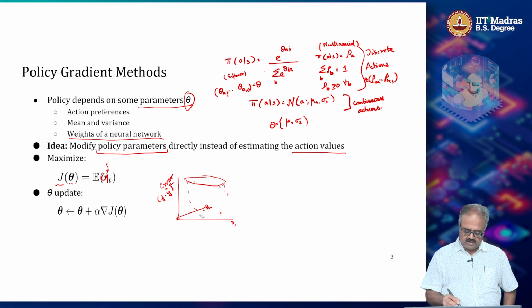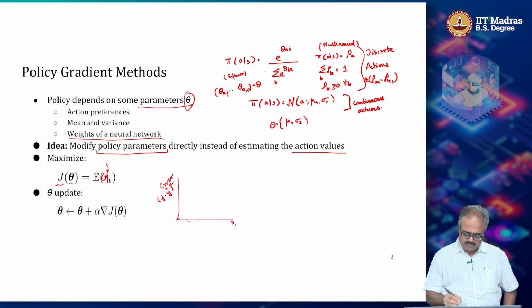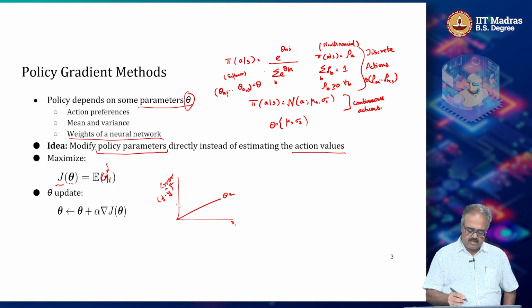Now in this particular case, we are talking not about error, but about J theta, which is on the performance part, right?